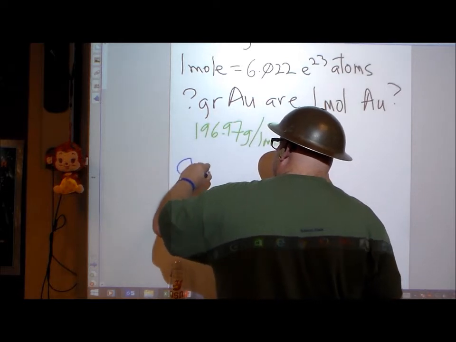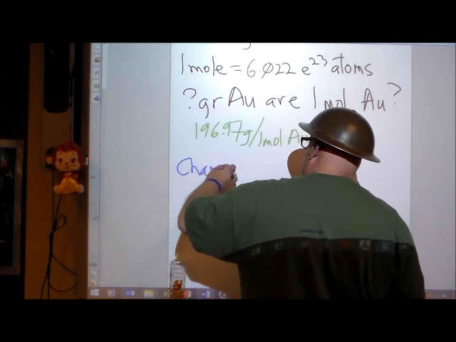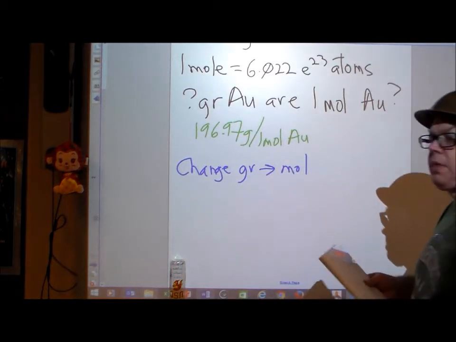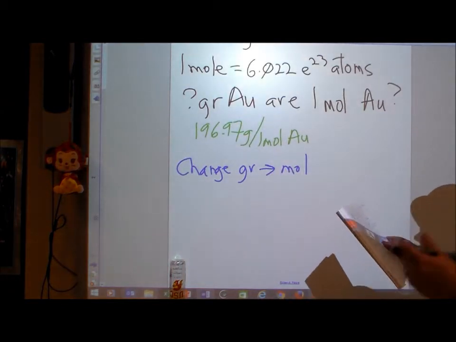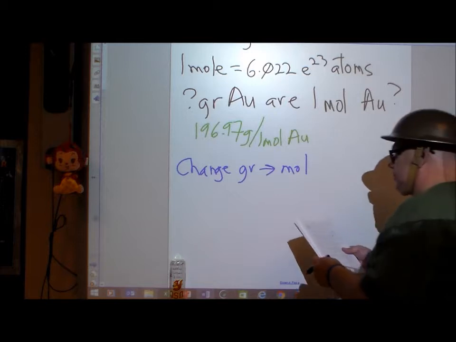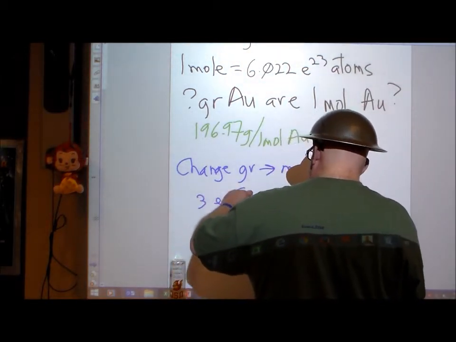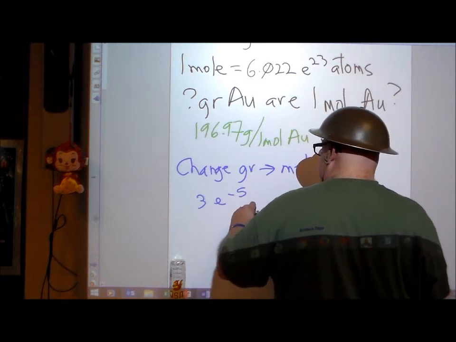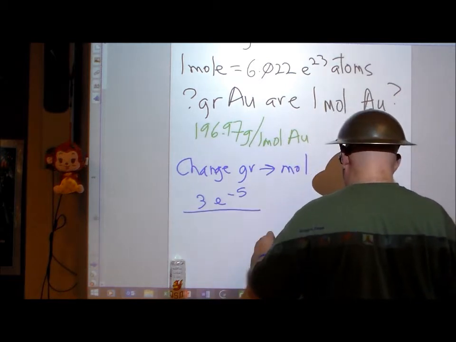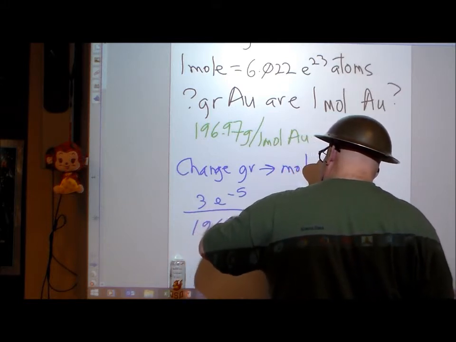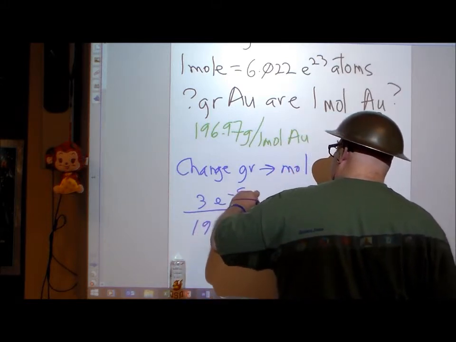So we're going to change the grams into moles. Okay? So how do we do this? Well, it's going to be 3e to the minus 5th, and you can go ahead and divide it by 196.97 grams per mole.